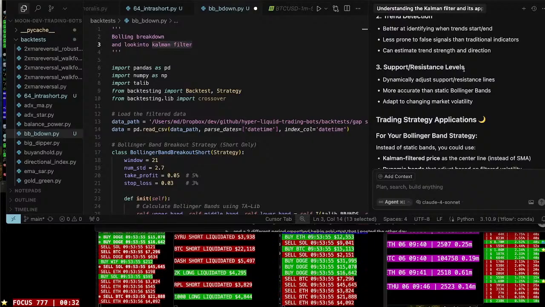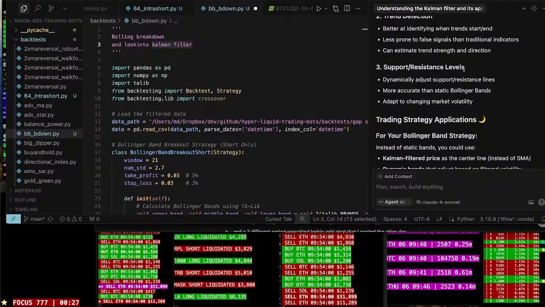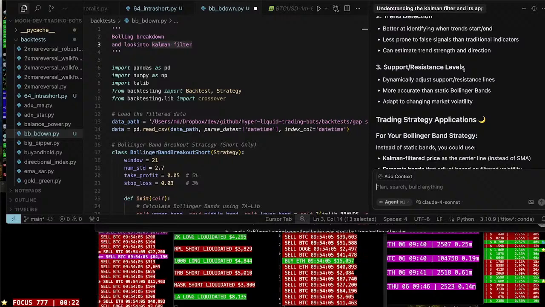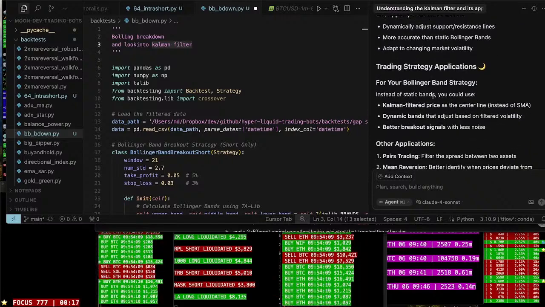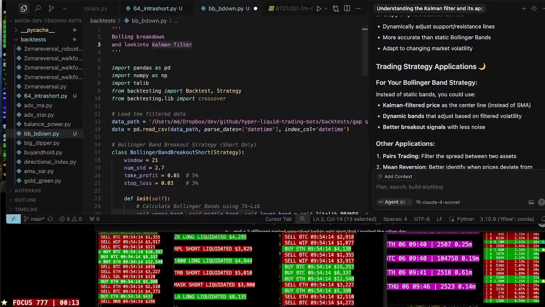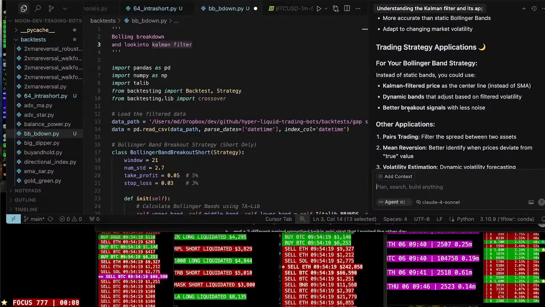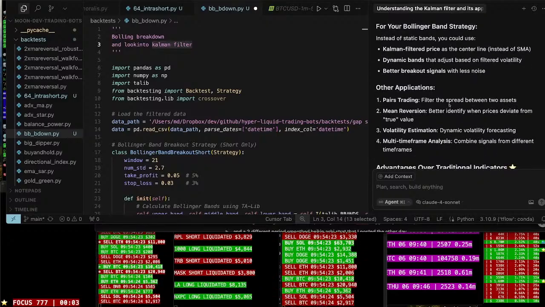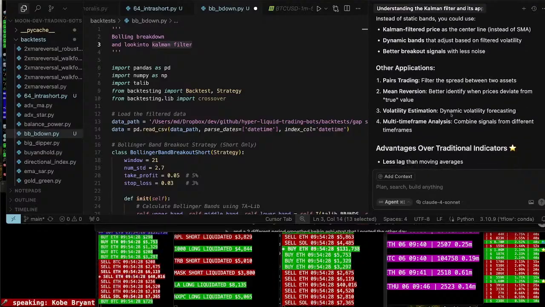Support and resistance levels: dynamically adjust support and resistance lines, more accurate than static Bollinger Bands, adapting to changing market volatility. For your Bollinger Band strategy, instead of static bands, you could use the Kalman filtered price as the center line instead of SMA, with dynamic bands that adjust based on filtered volatility and breakout signals with less noise. Other applications: pairs trading, filtering the spread between two assets, mean reversion.